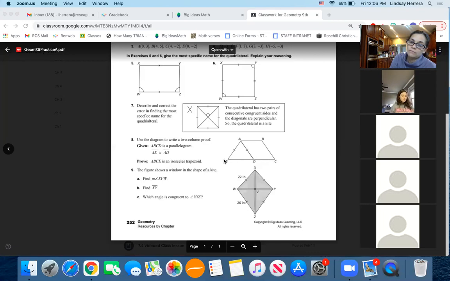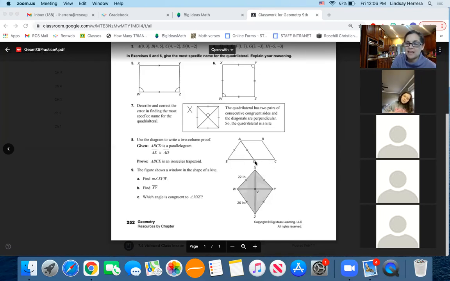Chapter 1, ED plus DC equals EC. It's a postulate. Any takers? Three, two, one. Okay, segment addition postulate.